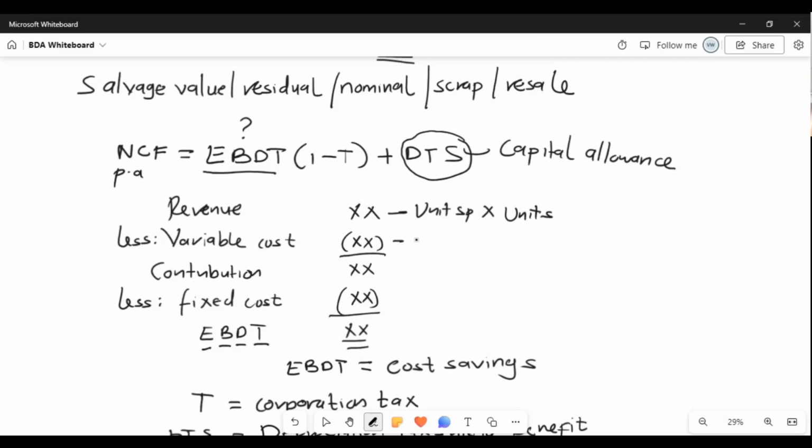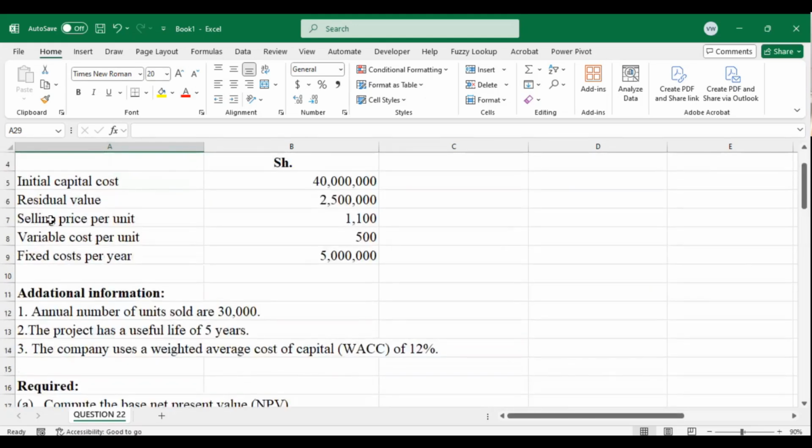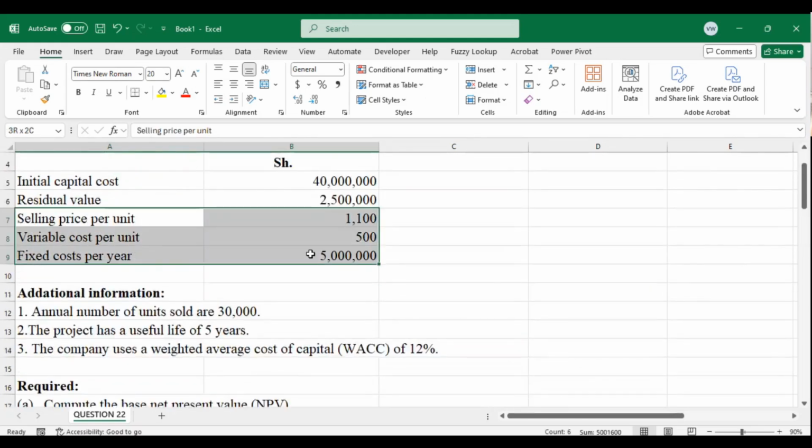And if you want to get the variable cost, we take the unit variable cost and multiply by the units. So for us to be able to get the earnings before depreciation and tax, we have to take the unit selling price and the unit variable cost, so that we're able to multiply with the actual production. And we are given in our question the unit selling price and the unit variable cost.